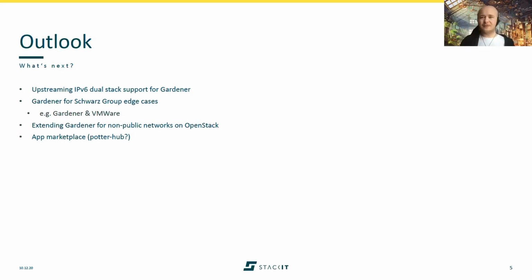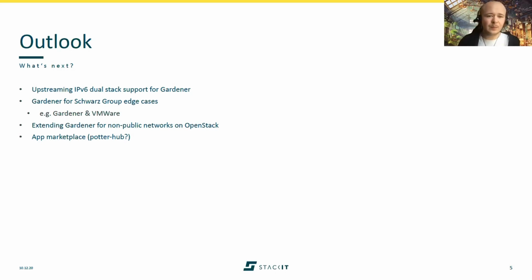So we have a lot of stores, warehouses, and everyone needs Kubernetes right now. So we thought about having a look at how Gardener itself works on the VMware layer. And maybe we could use that for the edge cases, but this will be something for 2021.